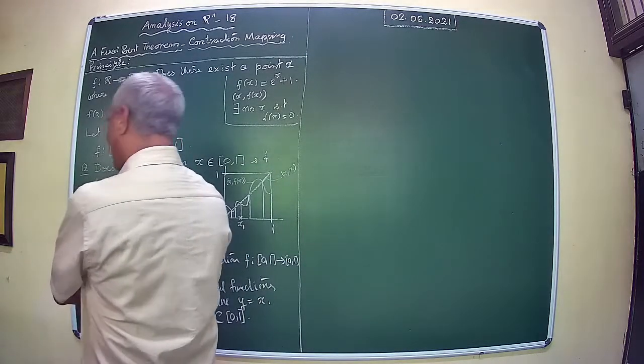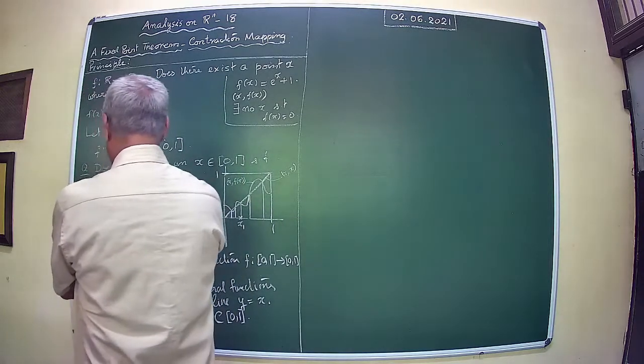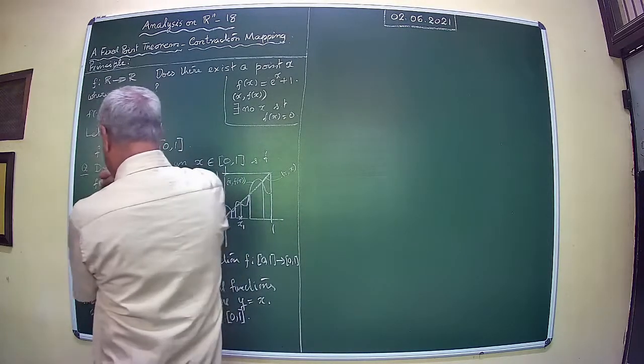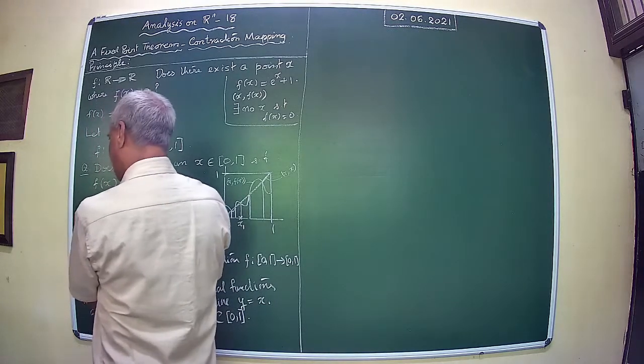Now, however hard you try to draw one and keep the graph here, if you want to keep it only in the upper portion, the function is not equal to x.